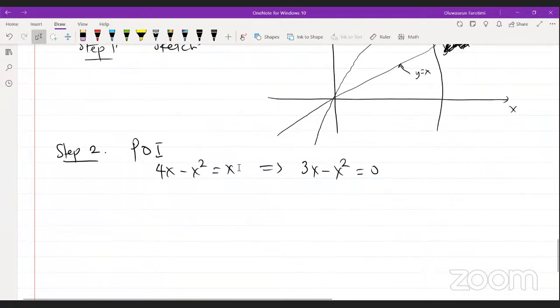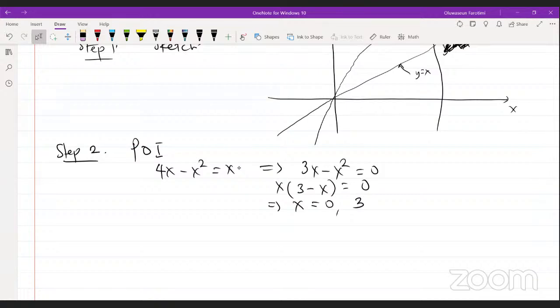I need to solve for x. x is common, so you have x times 3 minus x equals 0. It means x is either 0 or 3.